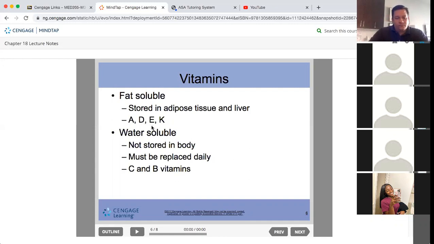Vitamin E may promote normal reproduction and helps in the formation of muscle and red blood cells. You can find vitamin E in leafy green vegetables, wheat germ, and margarine.